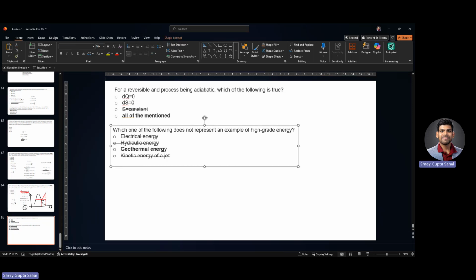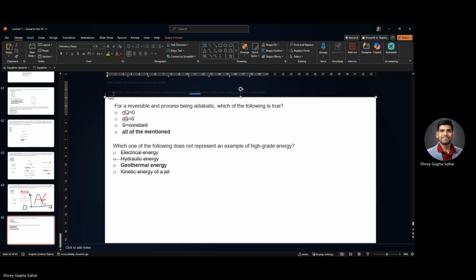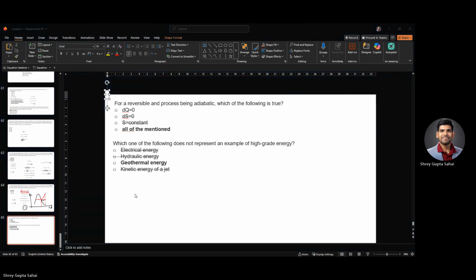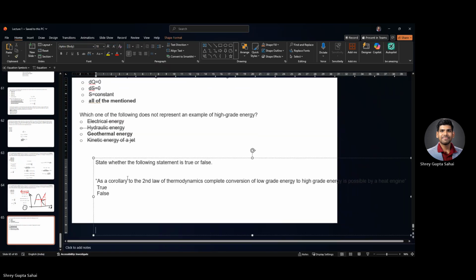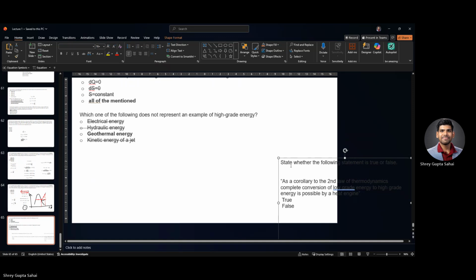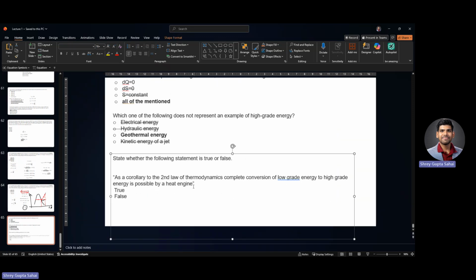Let's look at the other question. State whether the following statement is true or false.